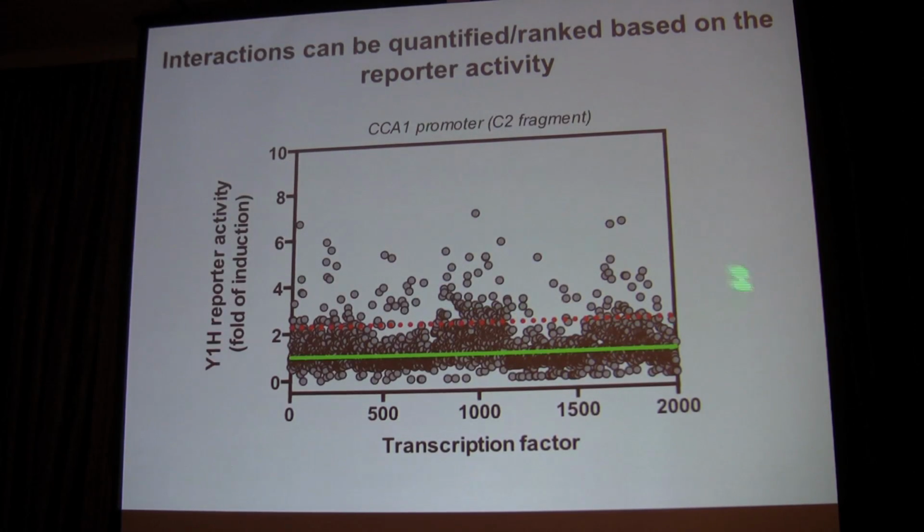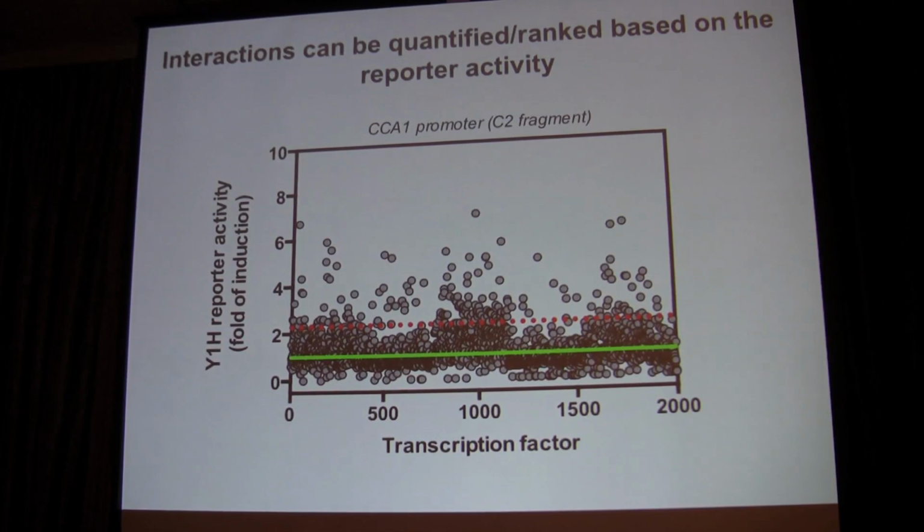And this allows us to categorize the interactors based on how much they induce the expression of the reporter. And this allows us to prioritize which are the transcription factors that we are going to follow up to establish if they have a biological relevance in plants.